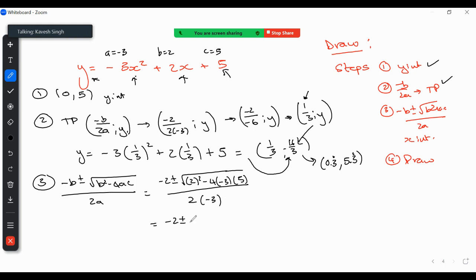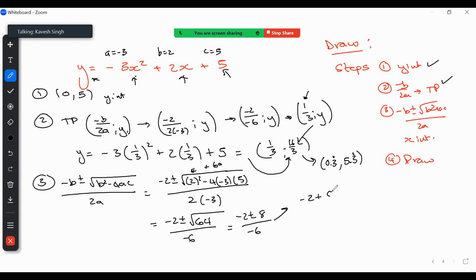That's negative 2 plus minus the square root of 4 plus 60. 4 times 3 is 12, 12 times 5 is 60, so 64, which will square root into a nice number, 8. That would be negative 2 plus minus 8 over negative 6.